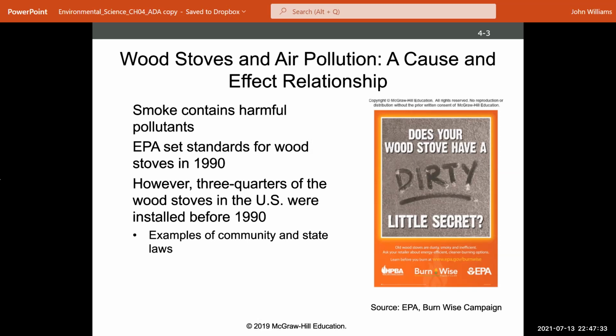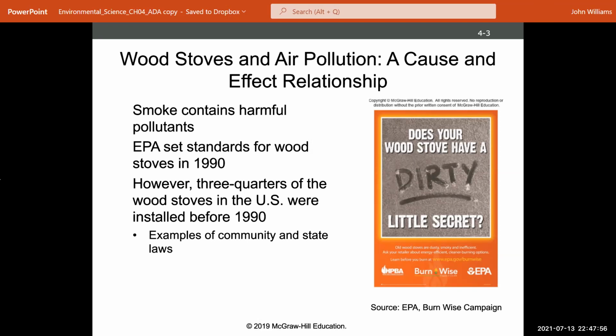Now, it might not seem like much for one person burning wood, but whenever you have millions of people around the world burning wood, it tends to add up and have a big effect on particulate matter in the atmosphere. Because of this, the EPA set standards for wood stoves in 1990.